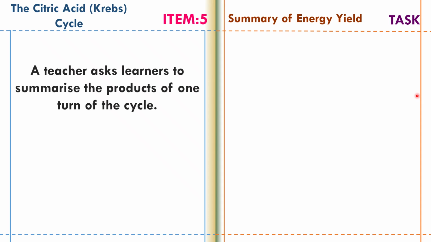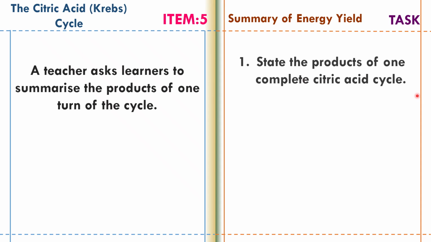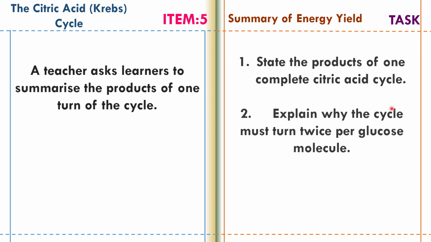Task: state the products of 1 complete citric acid cycle. Explain why the cycle must turn twice per glucose molecule.